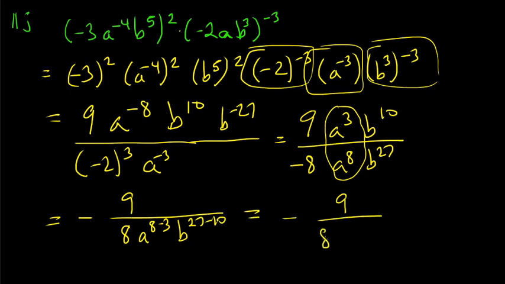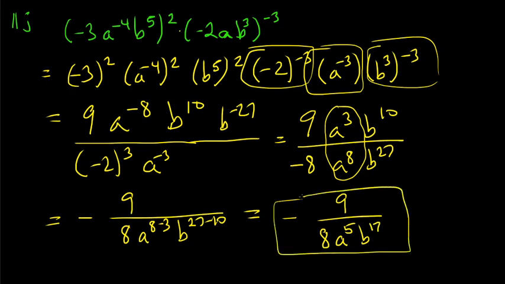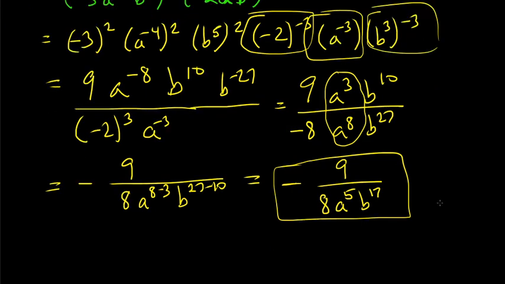So negative 9 over 8 a to the 5, b to the 17. Okay. Yep, we still have the negative from the negative 8, right? Positive divided by negative is negative. So that's 11j.